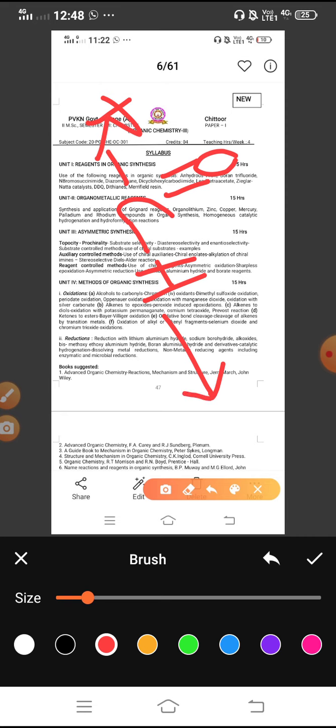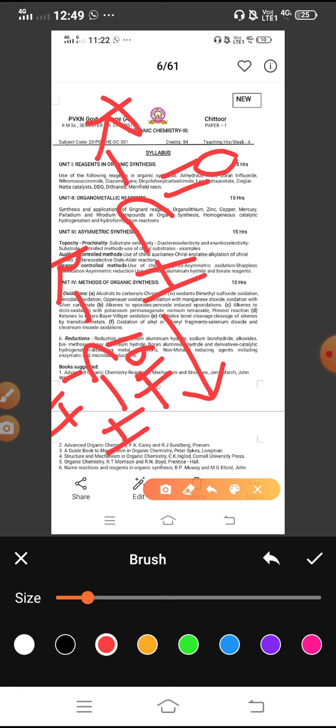Using reduction, it is converted into RCH2OH. See here, RCHO is converted to RCH2OH.